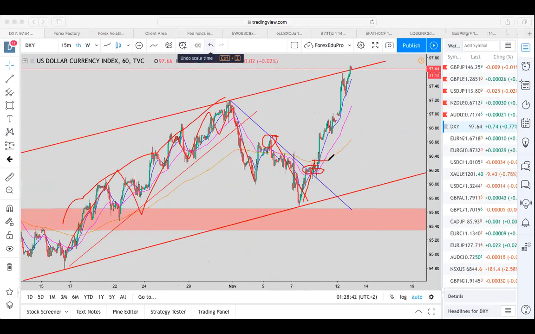We took the buy on the dollar, where we sold the Euro USD all the way up. We sold the AUD USD. We sold the NZD USD. We've now closed all our positions today. Why? Because look where the DXY is. It's at the top of the structure. So simple. So simple.